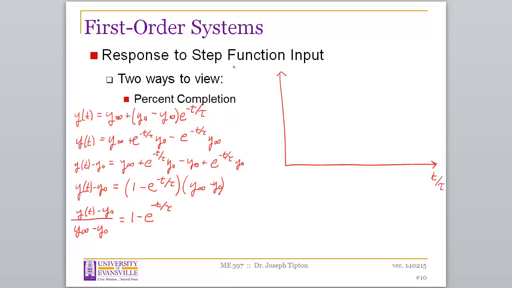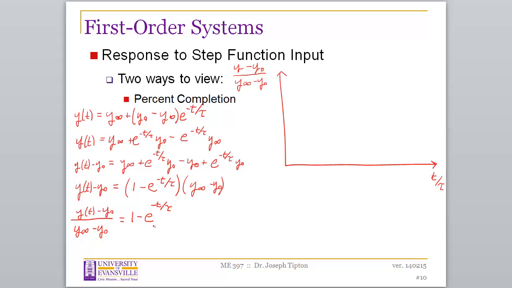So I've got y minus y naught divided by y infinity minus y naught. This is the total change in the signal between initial and final, and this is the current difference between what the system is outputting and what the initial condition was.